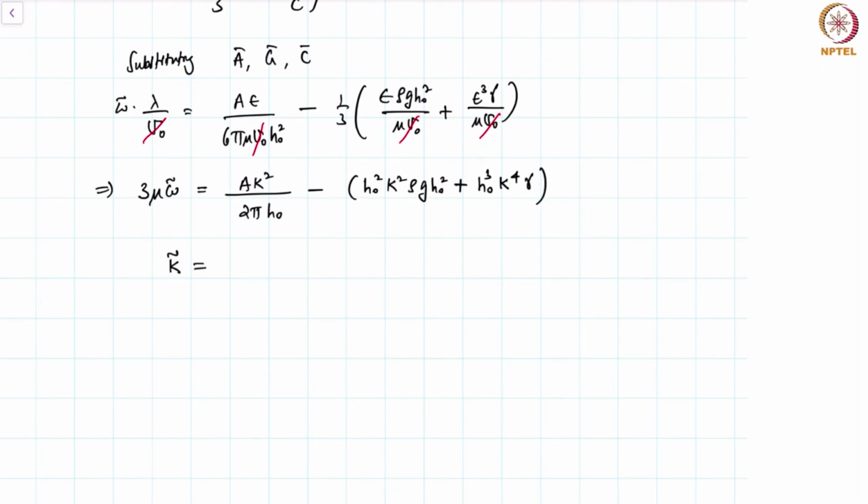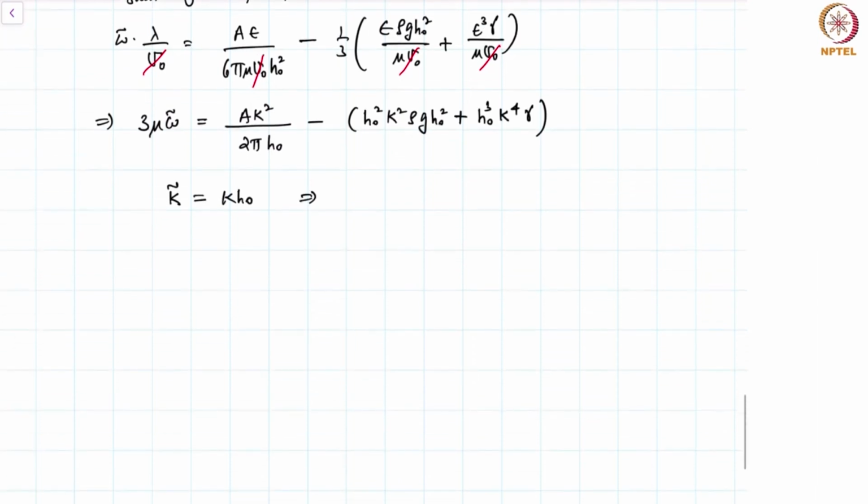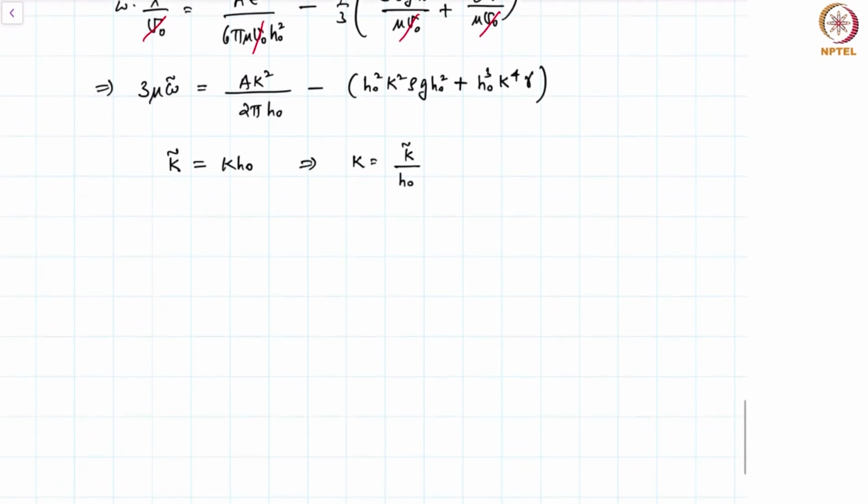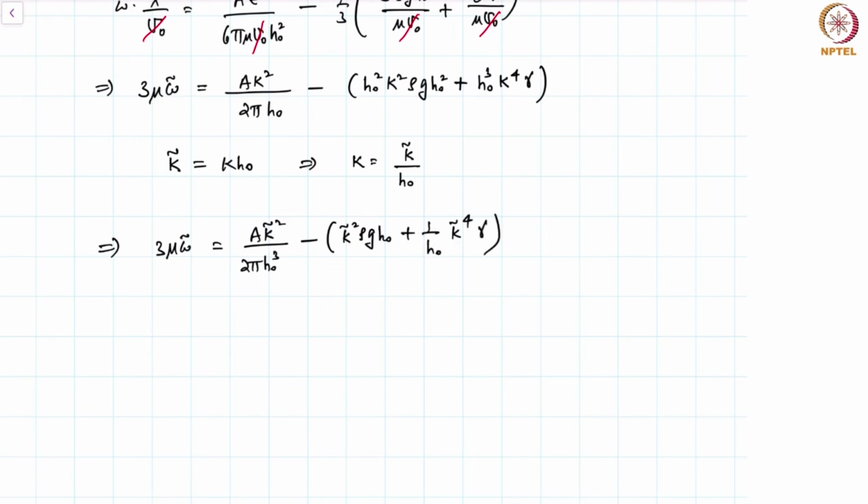So we recognize that the dimensional wave number k tilde would be k h naught, and therefore wherever there's k, I can simply substitute k tilde by h naught. Therefore 3 mu omega tilde essentially becomes A k tilde square by 2 pi h0 cube minus k tilde square rho g h0 plus 1 by h0 k tilde power 4 times gamma.